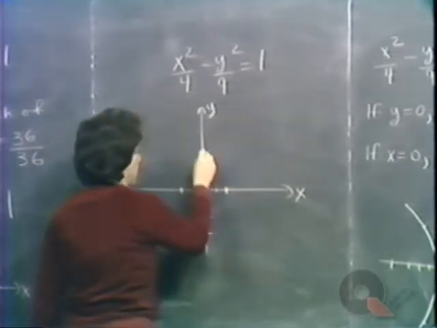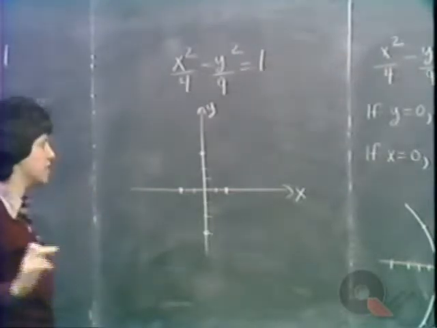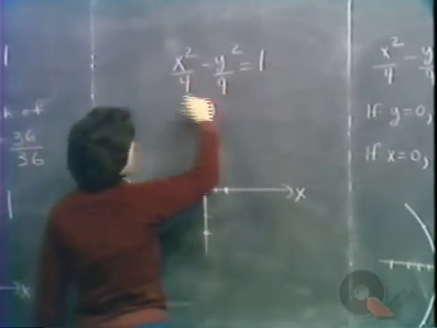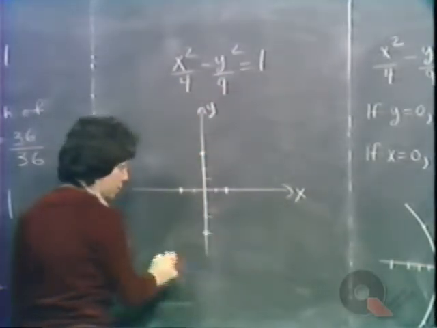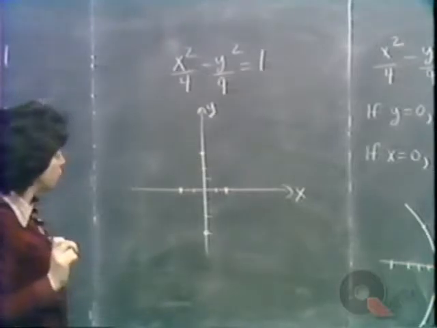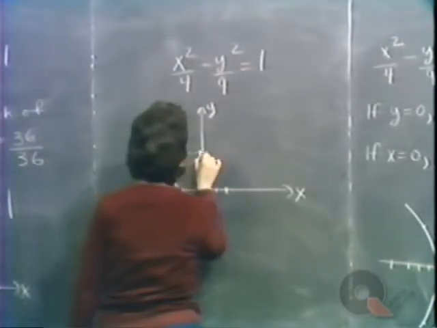Now, I realize, of course, that the hyperbola only has the x-intercepts. It doesn't have the y-intercepts, but this is a trick for sketching the hyperbola. I say, pretend it's a plus sign, in which case it would be an ellipse and it would have 4 intercepts. Then I want you to draw a rectangle that goes through these 4 intercepts, something like this.